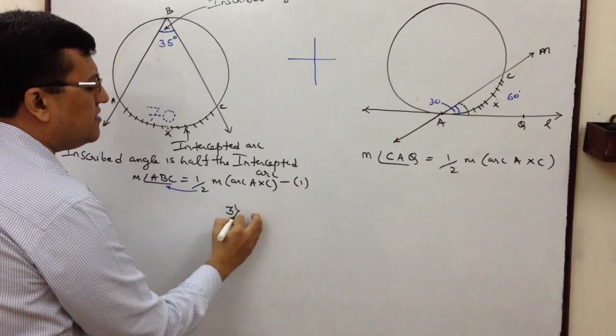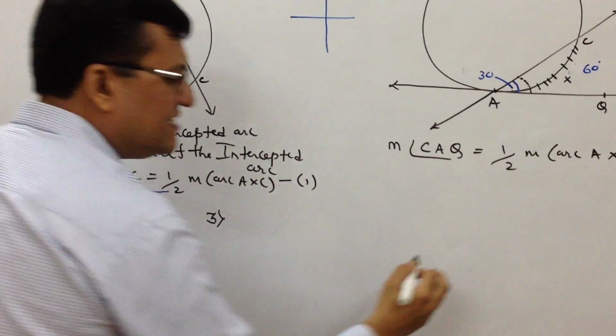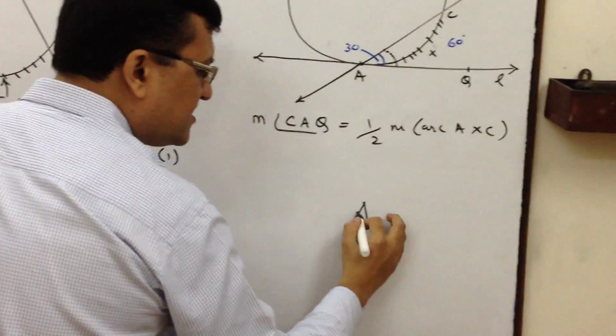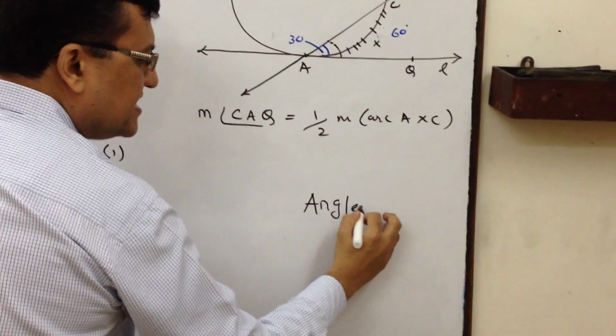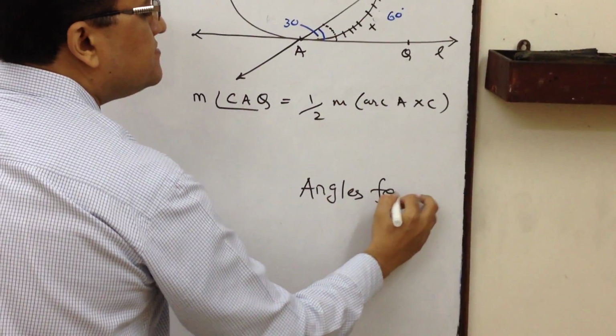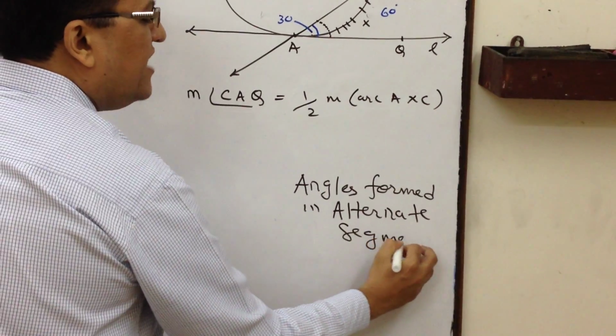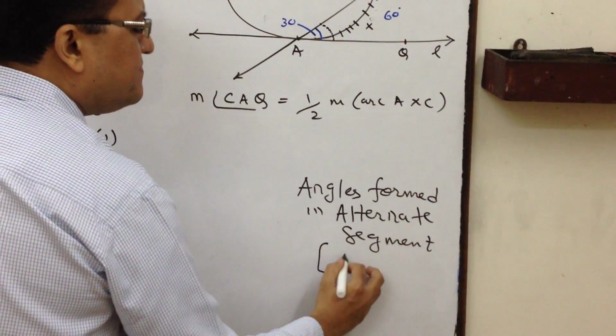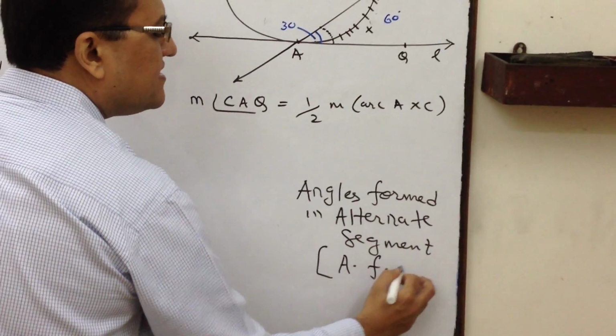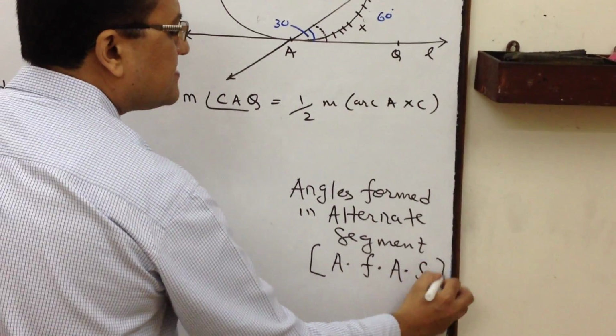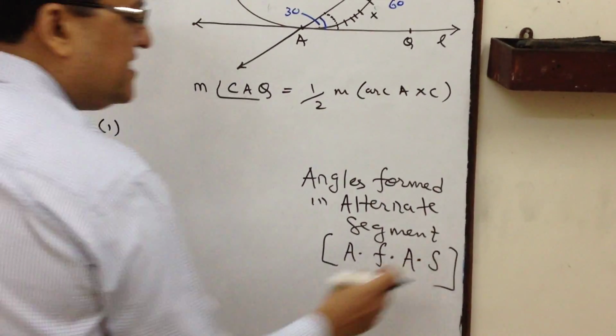The third part is termed as angles formed in alternate segments. Again, a shortcut from my side, I simply say this as AFAS, angles formed in alternate segment.